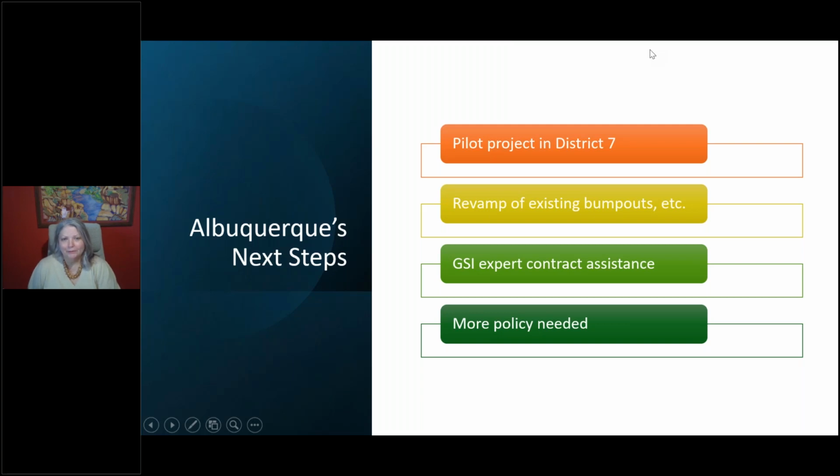That's the leader of the Airedale ID Coalition, and I think you've heard from her in one of these presentations before, Sarah Hertuff. So really excited to have that contract in place so that all departments can get the assistance they need to understand GSI, and if they have a project, get assistance with the design or any aspect of it. That's really nice. And then again, we need more policy. Go ahead to the next slide.